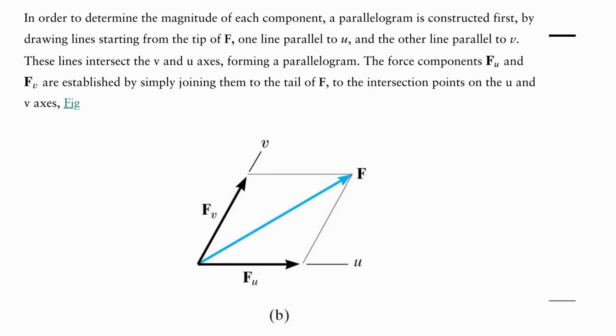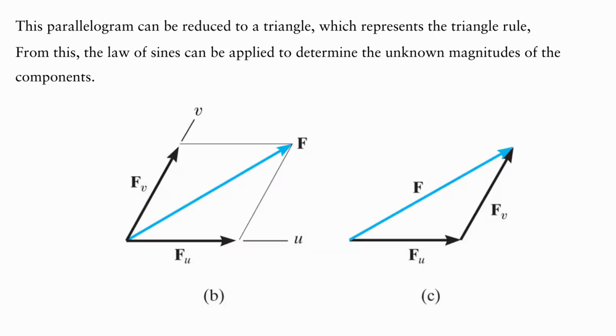The force components Fu and Fv are established by simply joining the tail of F to the intersection points on the U and V axes. This parallelogram can be reduced to a triangle, which represents the triangle rule. From this, the law of sines can be applied in order to determine the unknown magnitudes of the components.